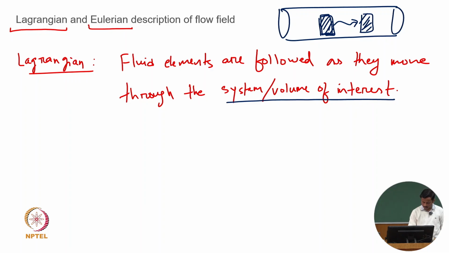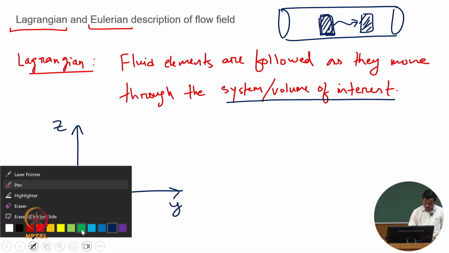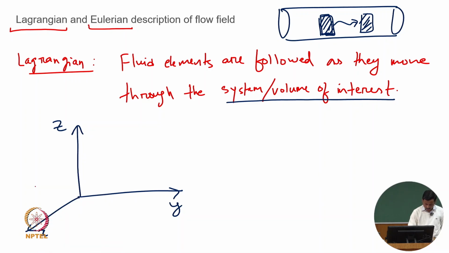So in this, every particle is labeled by R naught at time t naught. So for example, let's draw a coordinate system which is in x, y, and z. So we'll always be working in a three-dimensional Cartesian coordinate system in this course, and we have a fluid element which was initially at R naught at time t naught.